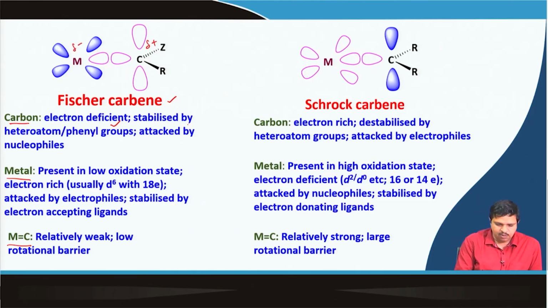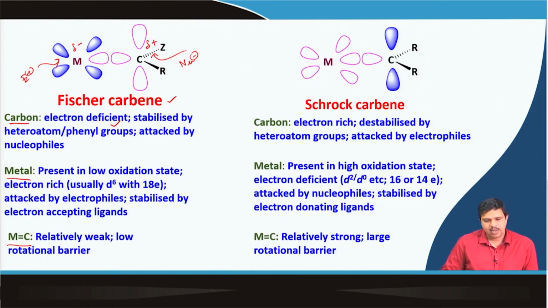It is stabilized by a heteroatom, like oxygen or nitrogen, and is attacked by nucleophiles. The metal acts as an electrophile, and as it is in a low oxidation state, it is generally stabilized by electron-accepting ligands, for example carbon monoxide or phosphines.